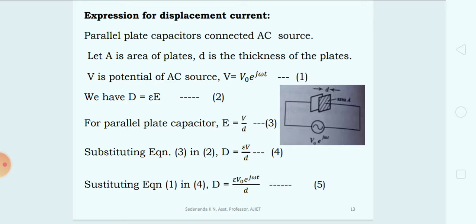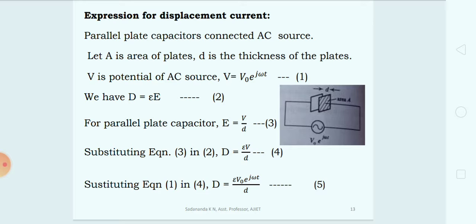Now as we know, displacement current density is dou by dou t of vector D. If id is the displacement current, then displacement current density can be defined as displacement current flowing per unit area. Therefore, dou by dou t of vector D is equal to id by A, that means area.